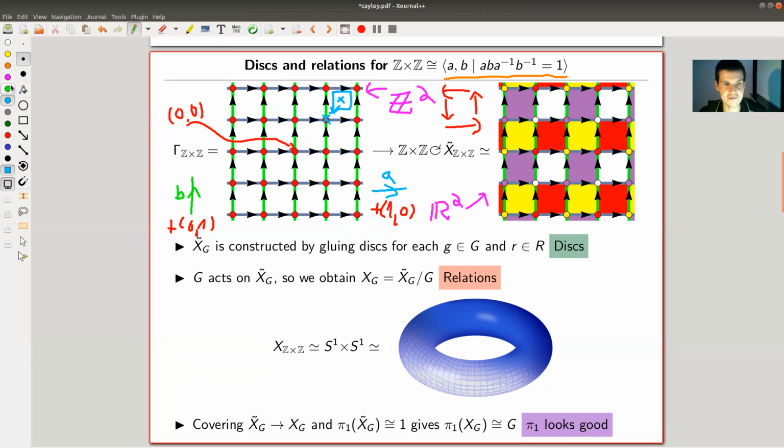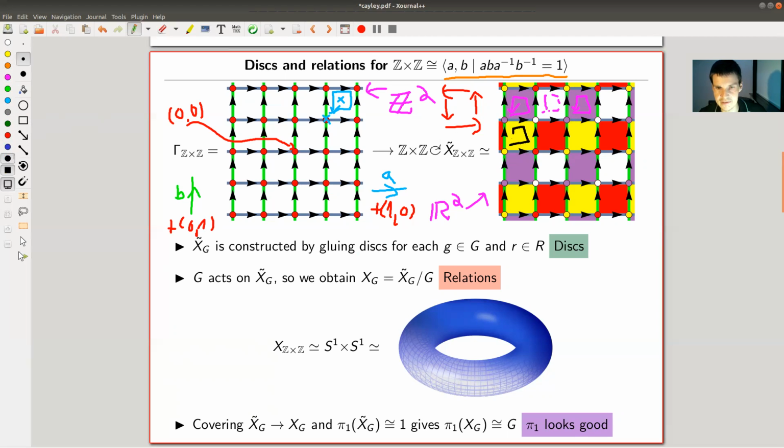Okay, so here on the right-hand side, I've illustrated this. So for every purple vertex, I glue in a purple disk. For the white vertex, I glue in this white disk here. For the purple one, I glue in the purple one again, and I'm just using colors to distinguish those. For example, for the yellow one, I would draw in this yellow disk here, which you can't see, so I should use black.